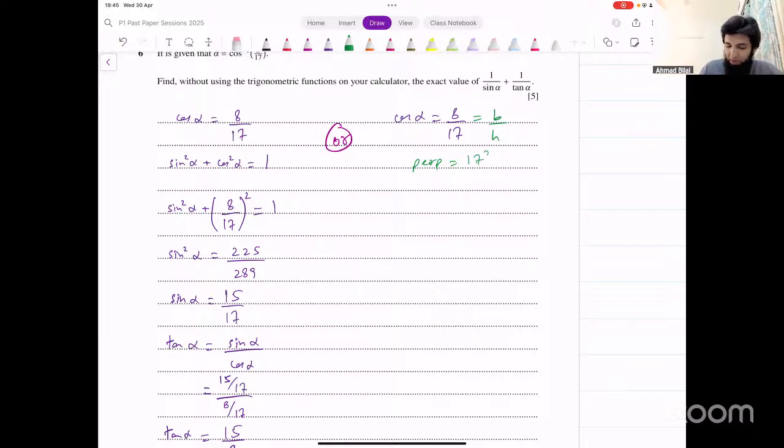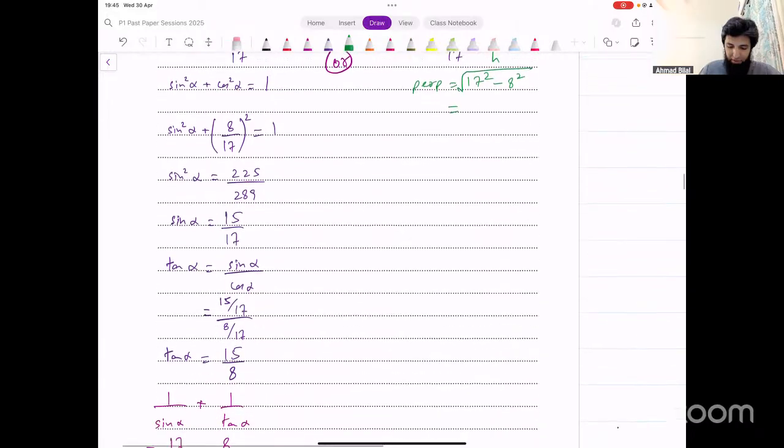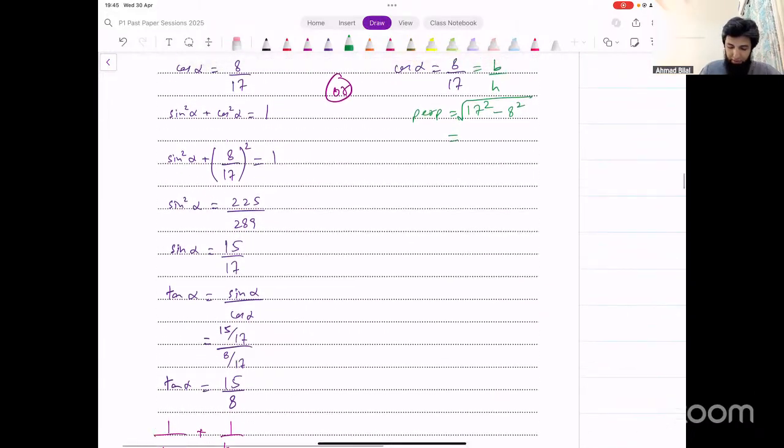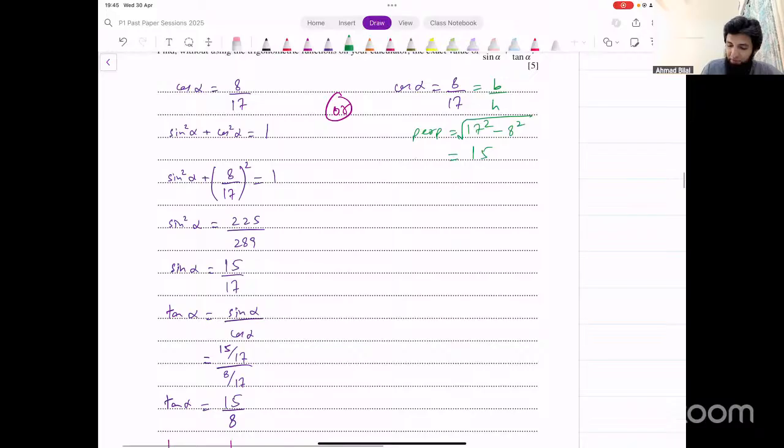Hypotenuse squared minus the base squared, square root of that, and that will give you something. The hypotenuse is 17, and this will turn out to be 15 for you. That's the perpendicular. And then you can write down the value for sine alpha from that. Sine alpha is perpendicular over hypotenuse, so that's 15 over 17.